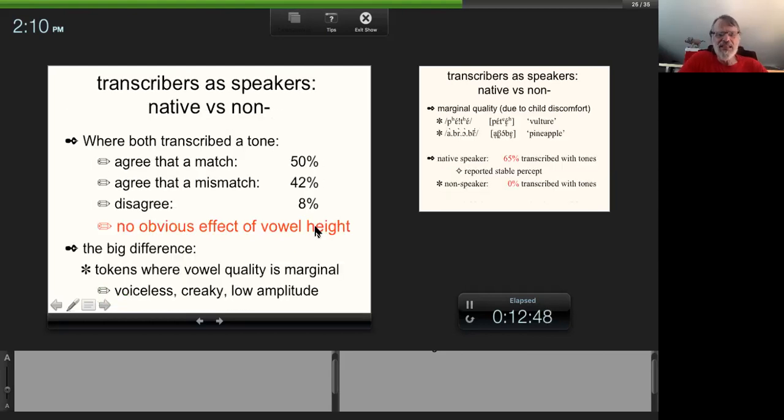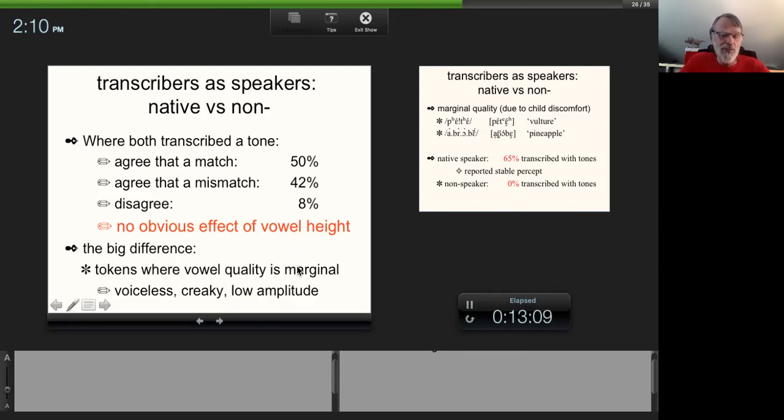When we compared the native speaker versus the non-speaker, agreement was actually quite good. So 92% agreement on the tone, and with no obvious effect of vowel height on where we agreed and disagreed. But that was only when we were both transcribing a tone, which was only on vowels that really were of good quality.